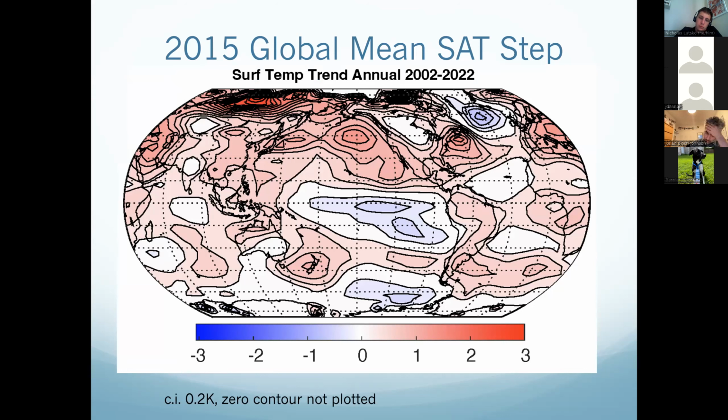The temperatures have warmed most in the Northern Hemisphere and most over tropical land areas and the maritime continent over there. But the equatorial Eastern Pacific and the Southern Ocean Pacific have continued to cool. It's quite an interesting observation, I think.